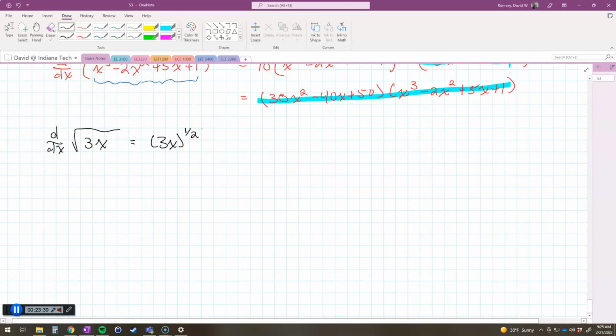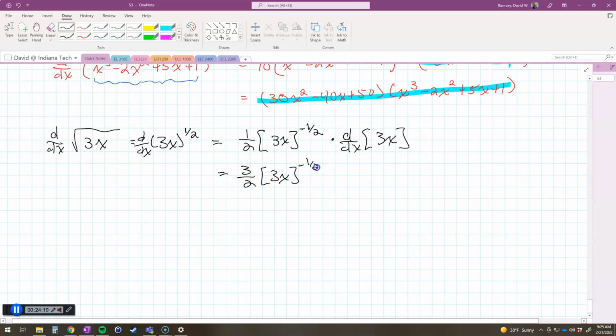Now if I take the derivative of this, I'm technically using my chain rule here, so it'd be 1/2 times 3x, subtract 1, so it's now negative 1/2 power, times the derivative of what was inside, so times the derivative of 3x. And of course the derivative of 3x is just 3, so you'd get 3/2 times 3x to the negative 1/2.